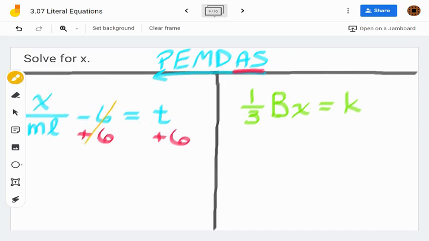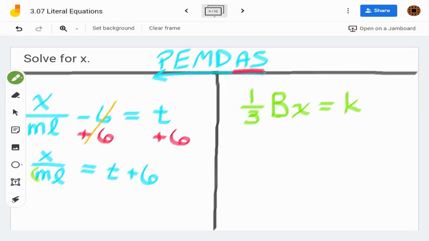And they cancel here on the left side. We still have x over ml, and whenever we have l, we usually use cursive so it doesn't look like a 1. And then we just have t plus 6. And now we have division, but we also have multiplication.